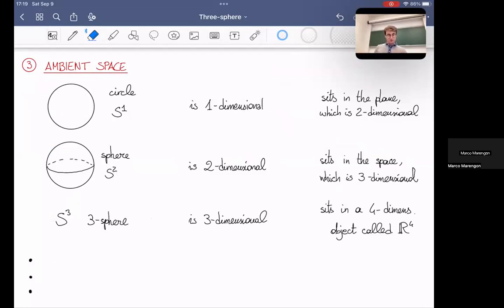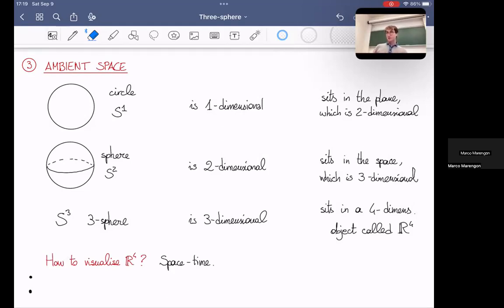So you need to go in a four-dimensional ambient space that we call R4. And now I will not delve into R4 too much because that's not the object of this short lecture. But maybe I will give some hint to what it is.